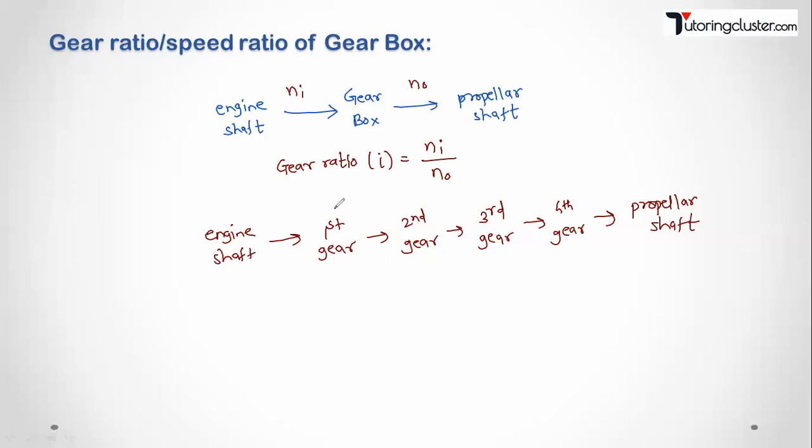So फर्स्ट गियर का अगर हमें गियर रेशो निकालना है तो आपको स्पीड क्या लेना पड़ेगा? This one, and output speed of first gear. सेकेंड गियर का अगर आपको गियर रेशो निकालना है, सो दिस इज गोइंग टू बी द इनपुट एंड आउटपुट विल बी N2 लाइकवाइज.